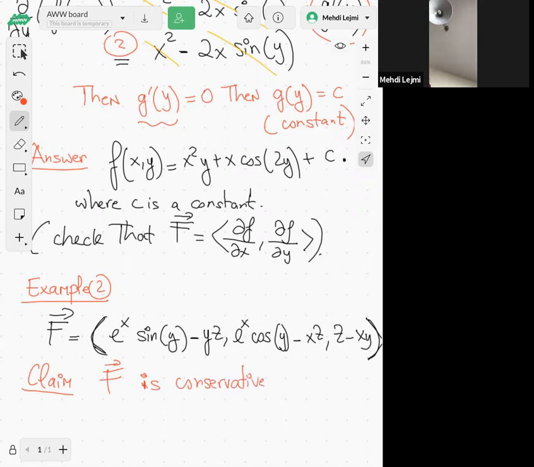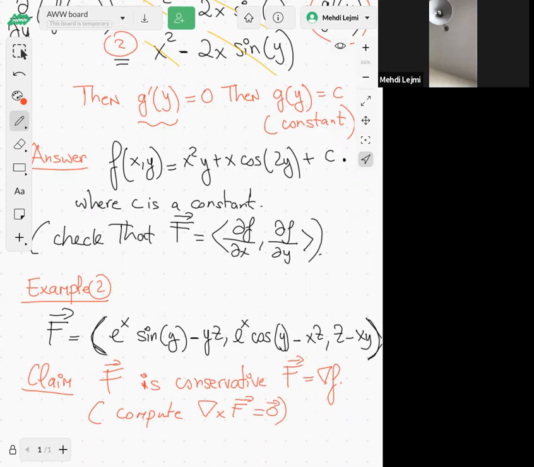So f is the gradient of some function f. Again, all you have to do is compute the curl of f, which actually is going to be the 0 vector.